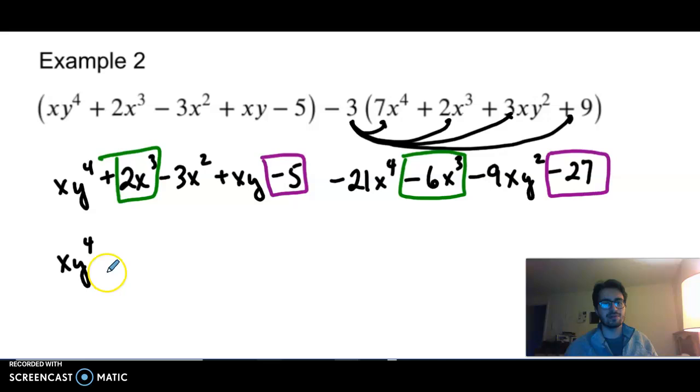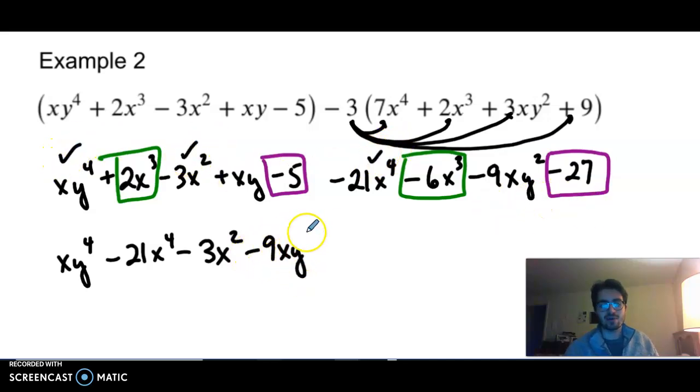We can put that one. We have the minus 21x to the 4. We have the minus 3x squared. We have the minus 9xy squared. And then we have the plus xy.